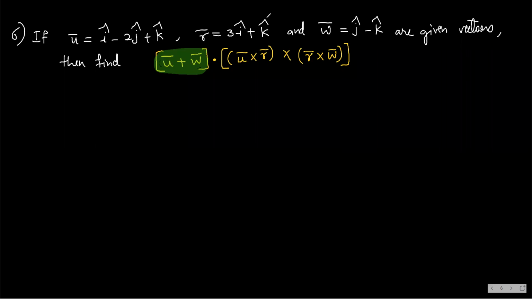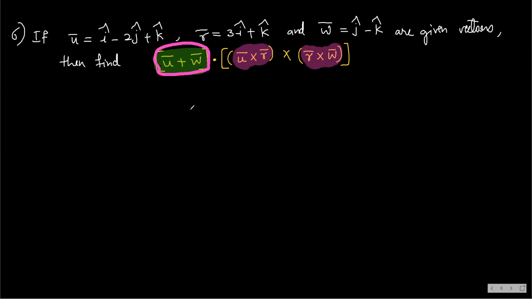There was a correction in the question. Here it was not W bar, it was U bar. So what I have is U bar plus W bar, which is a vector. Then I have U bar cross R bar. The cross product of two vectors is a vector, and R bar cross W bar is also a vector. Now can I consider the first vector as A bar?